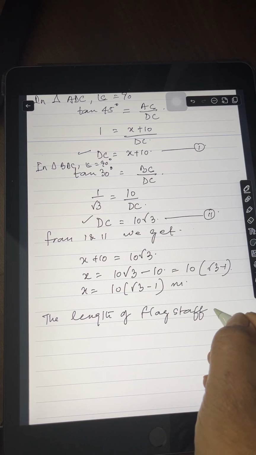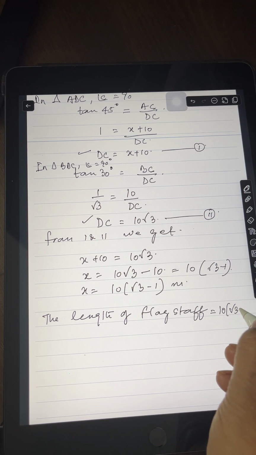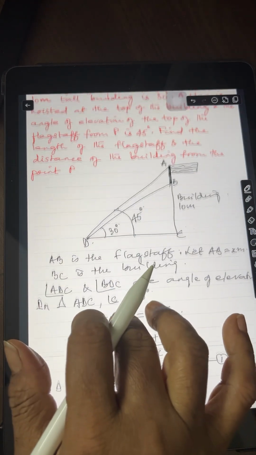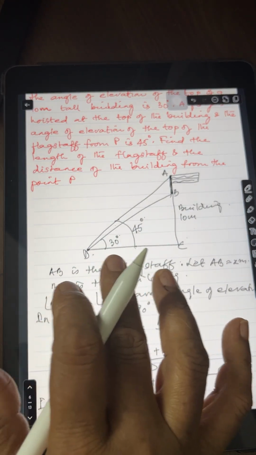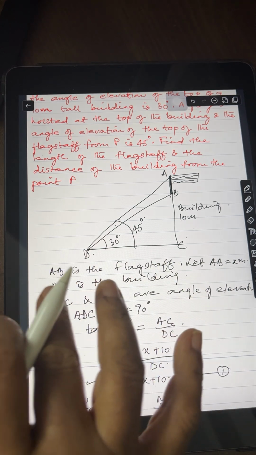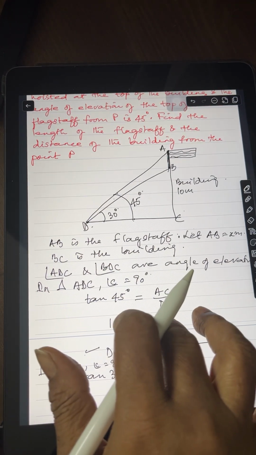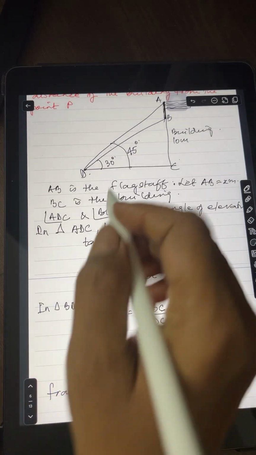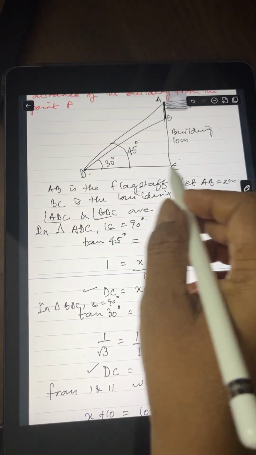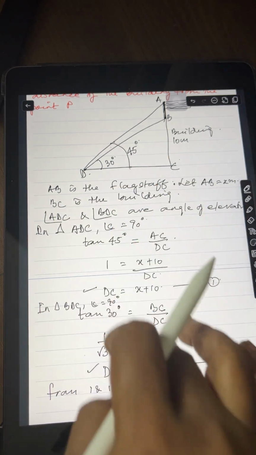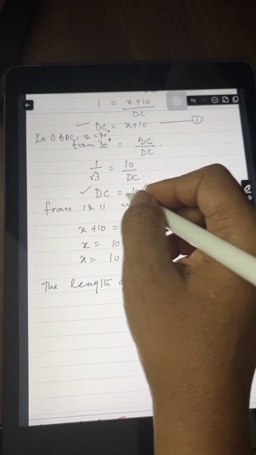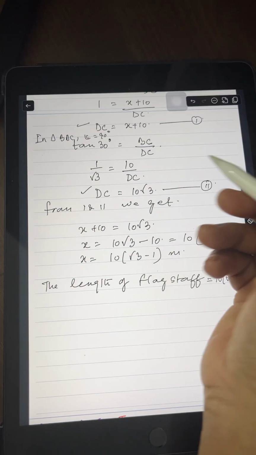Length of flagstaff is equal to 10 into root 3 minus 1 meter. Now the next thing is to find the length of the flagstaff and the distance of the building from the point P. So you will have to find the length of DC. DC, already you have as 10 root 3.